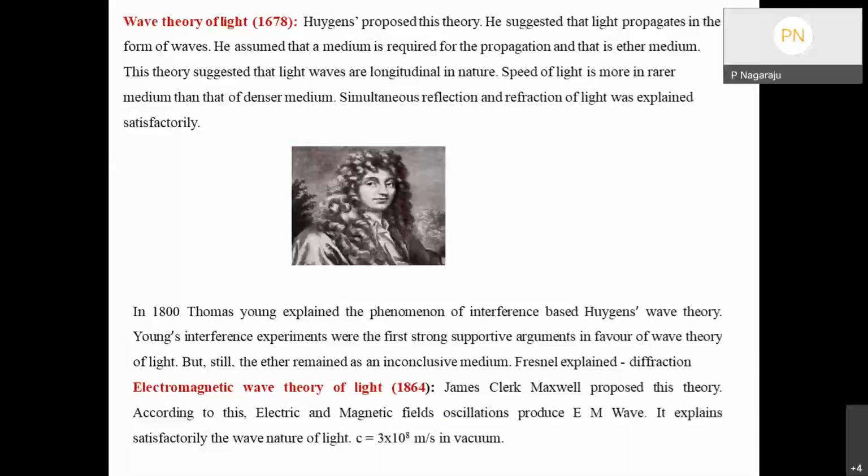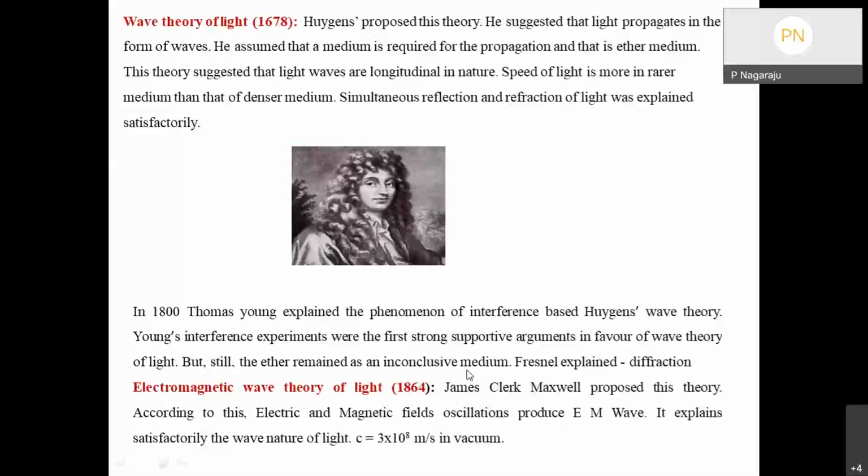So with this assumption of the transverse wave nature of light, reflection, refraction, interference, diffraction, and even polarization were explained. But still, ether remained an inconclusive medium at that stage.